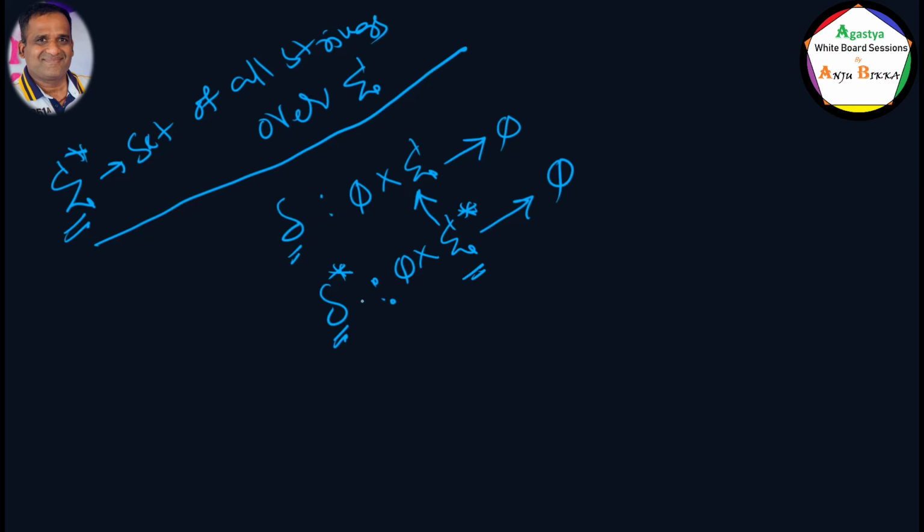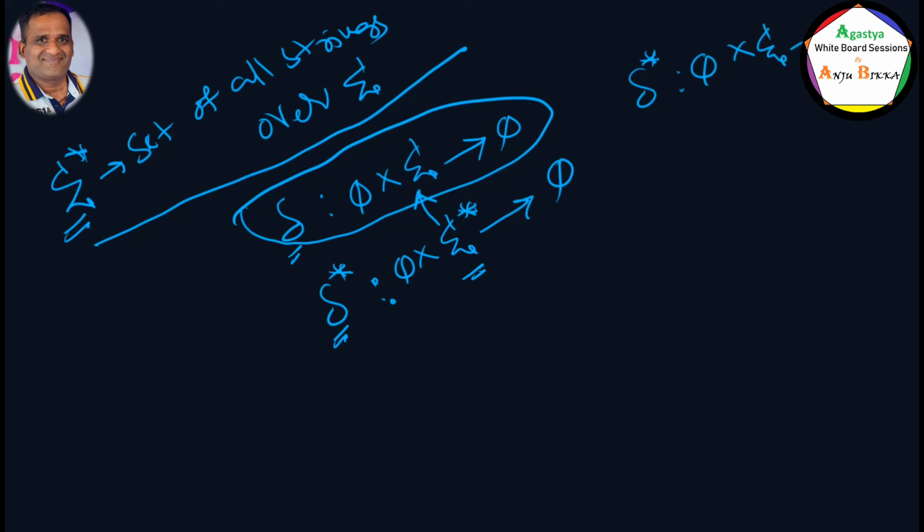Wherever delta is there, it can be replaced. Instead of writing delta, can we write delta star of Q and sigma? This is also considered a string over the alphabet of length 1. So wherever delta is there, you can use delta star, but wherever delta star is there, you can't use delta.